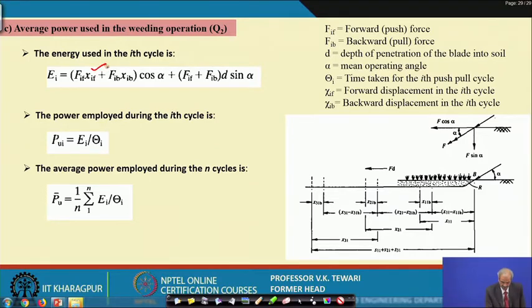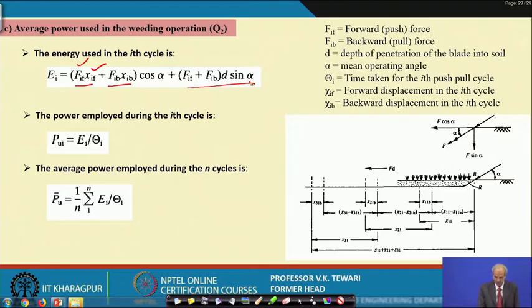XIF talks of the forward distance displacement, and FIF we talk of the forward force applied. So, force into distance is giving you this energy, and it has to be in the cos alpha direction, because it is talking of the force which we have applied in that direction. So, this component, and then this.